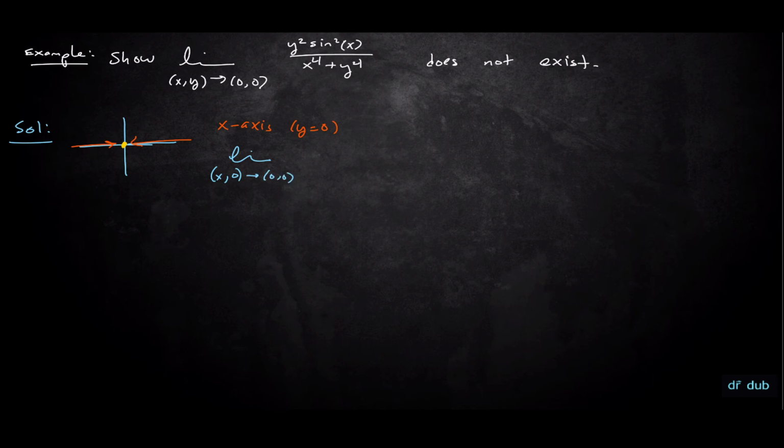And then I'm basically plugging in y equals 0, so that's 0 squared times sine squared of x over x to the 4 plus 0 to the 4, which is going to be the limit as x goes to 0. Because I don't worry about anything else, all that's changing is x. So x is just going to 0 from our ordered pair. So that's going to be 0 over x to the 4, which is 0 over a number, which is just 0.